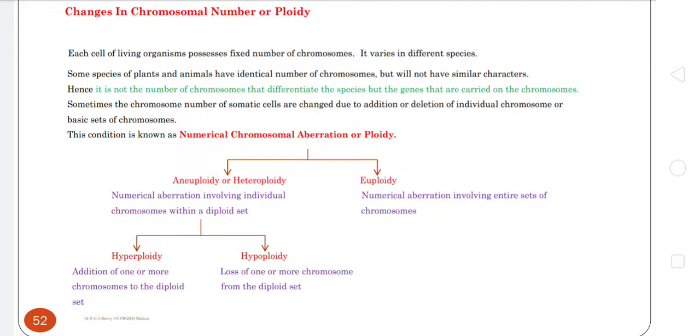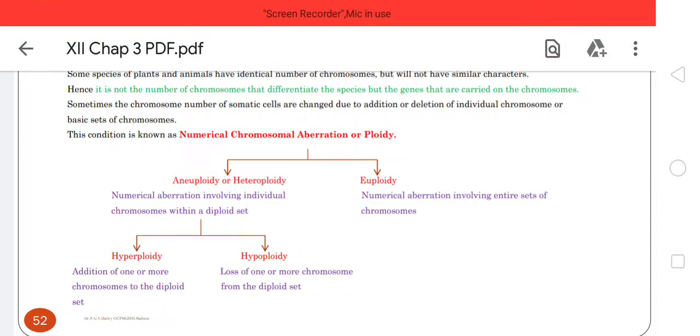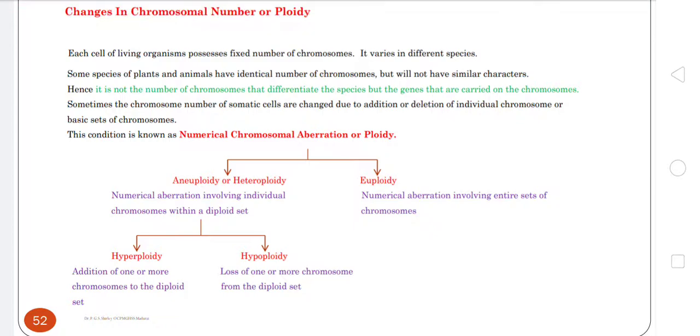Just keep it in mind. Whereas in euploidy, the chromosomal aberration occurs in entire sets of chromosomes. Whole sets of chromosomes are going to change, whereas here individual chromosomes alone change. This is the difference between aneuploidy and euploidy.